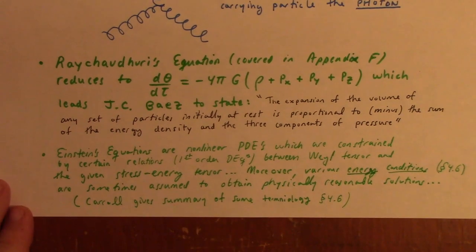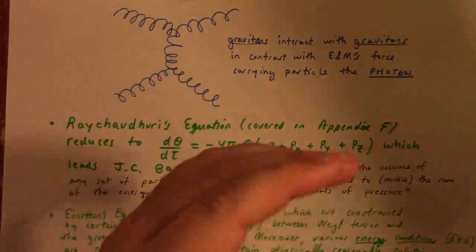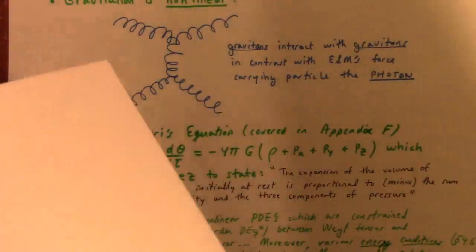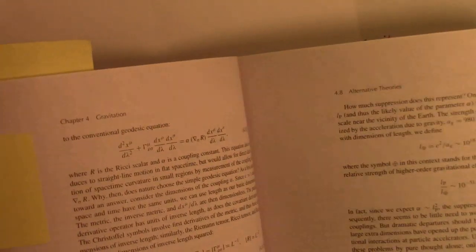And Carroll has this litany of terminology back in section 4.6 maybe. I'll just show you the picture. So partial differential equations, even much simpler ones than this, you could spend a lifetime studying.